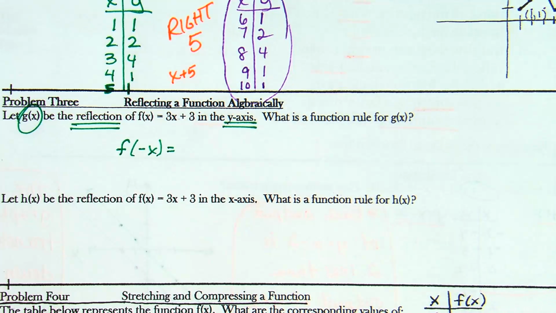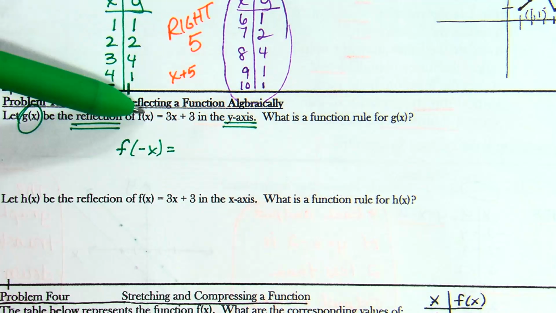F of negative x, every place I see an x, I'm going to replace it with negative x. So instead of 3 times x plus 3, I'm going to say 3 times negative x plus 3. Because it said f of negative x, I took x and I replaced it with negative x.